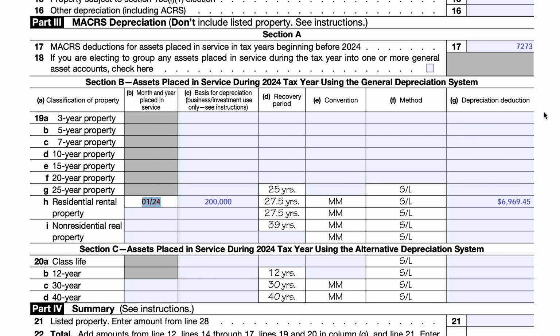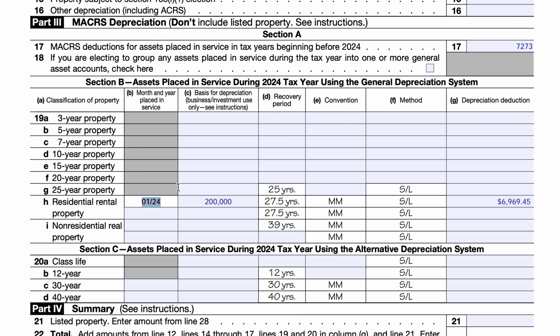If you divide each month into two pieces, now you've got 24 mid-month periods within the year that you placed the property into service, and you're able to claim depreciation on 23 out of those 24.